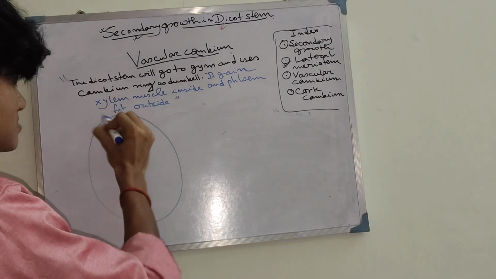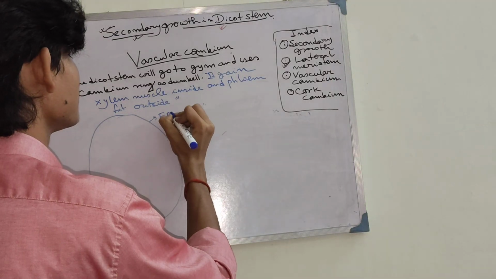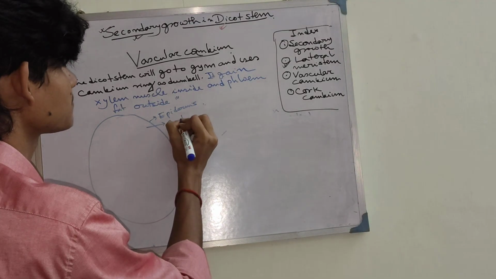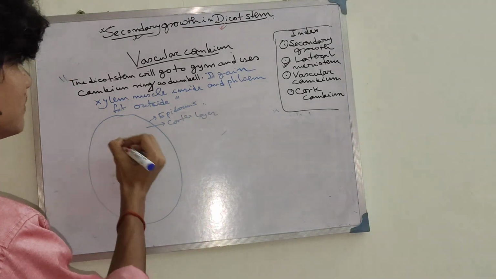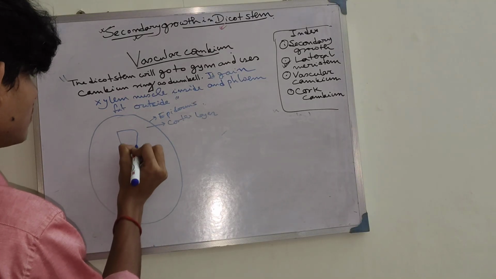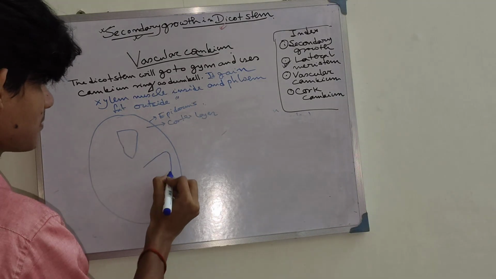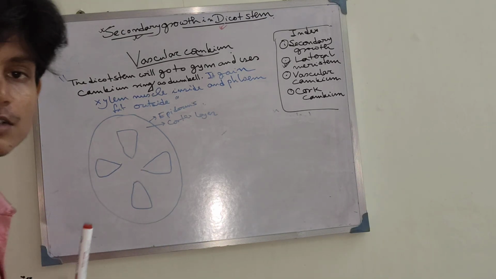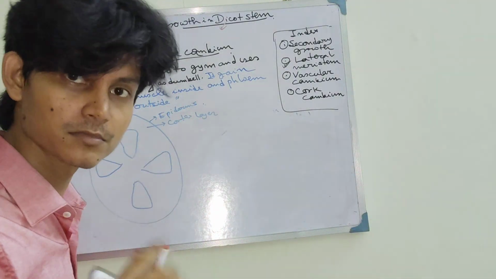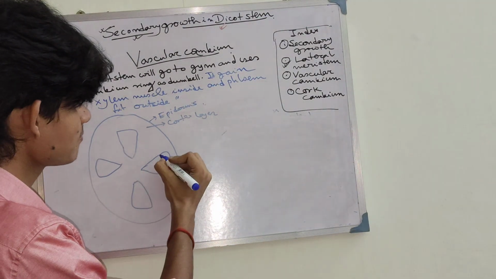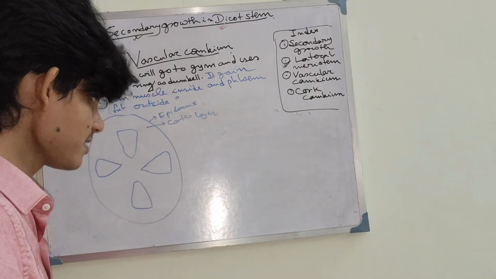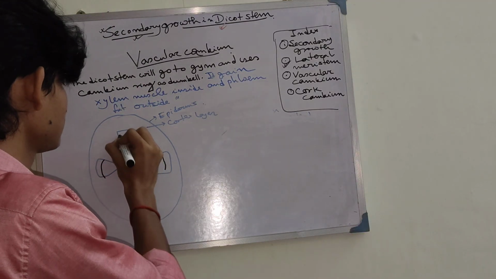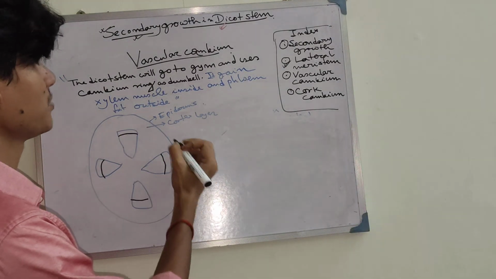So it is a dicot stem. Suppose this is the epidermis, followed by the cortex layer, then the vascular bundles are arranged in a ring form. In the vascular bundle, between xylem and phloem, there will be cambium.